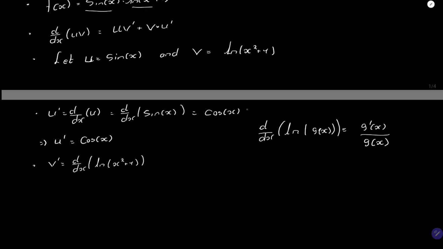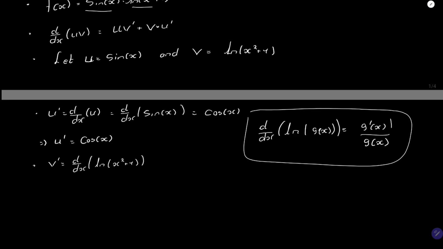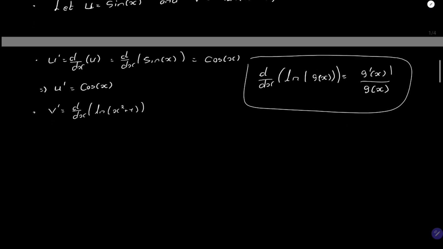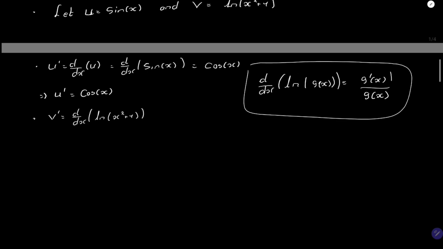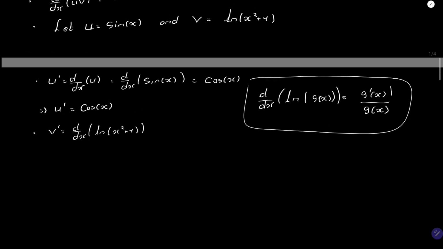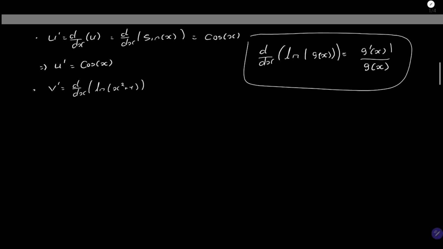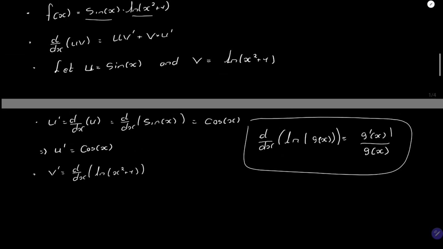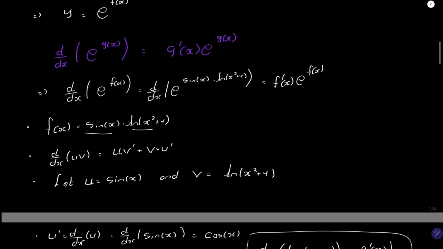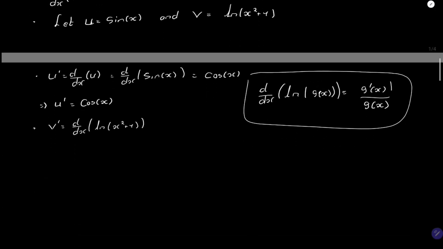So this tells us that in order to find this derivative, we first need to find our subderivative g prime of x. So identifying ourselves with this function, we first need to identify our g of x before we can even start.